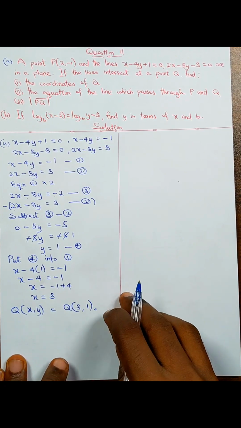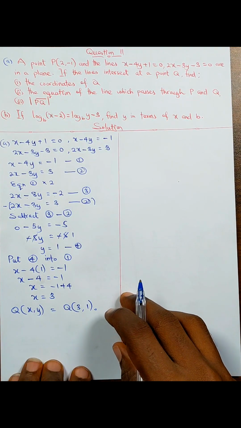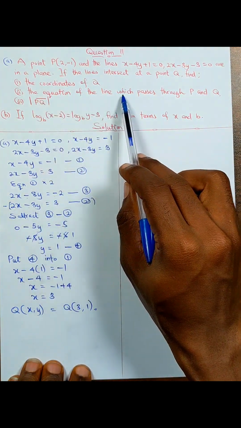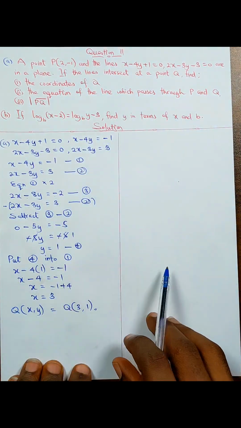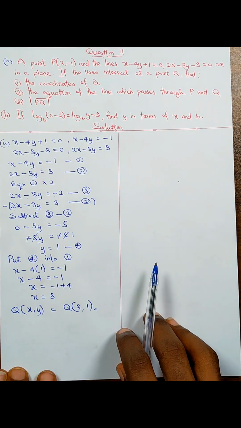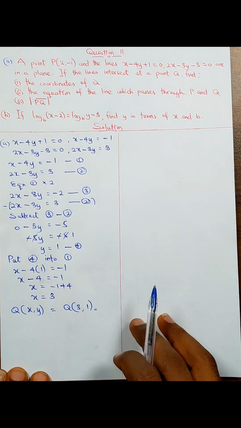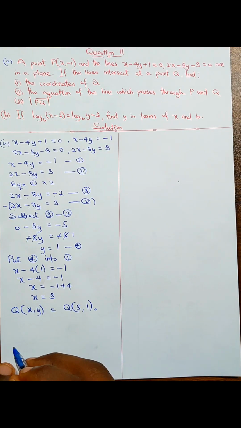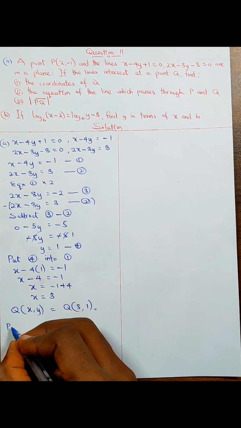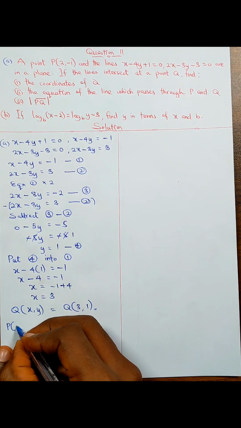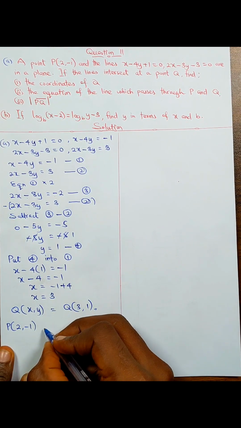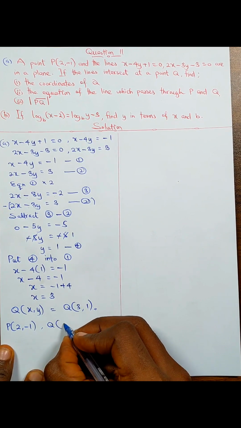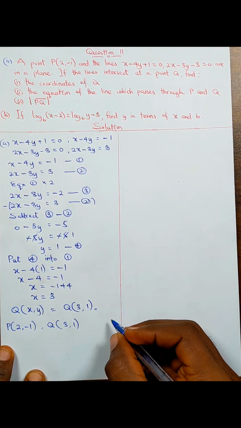Okay, now that we know Q, the second part says the equation of the line which passes through P and Q. To go about that, we have to first find the gradient. So this is our P. The coordinates of P were given as (2, -1). And now we know our Q as (3, 1).